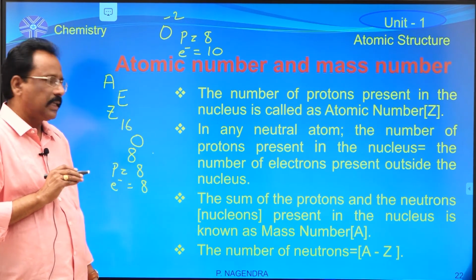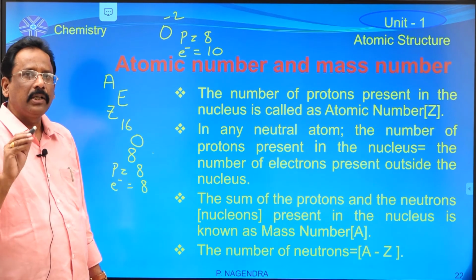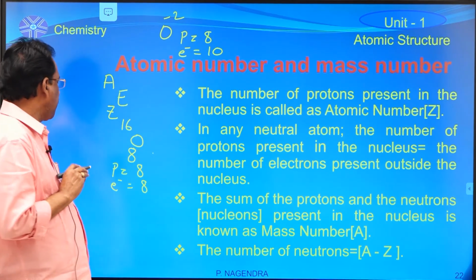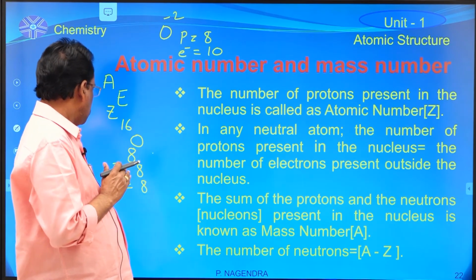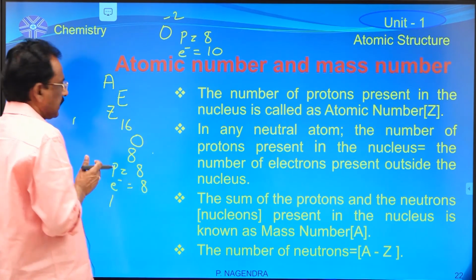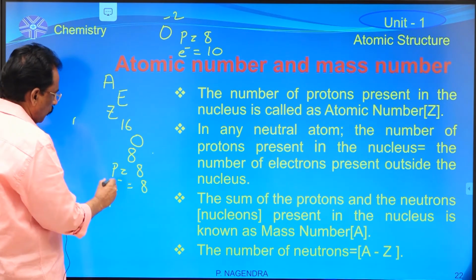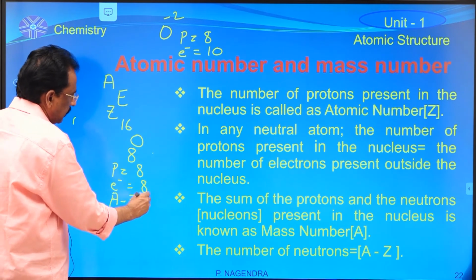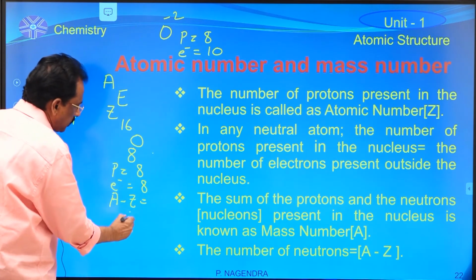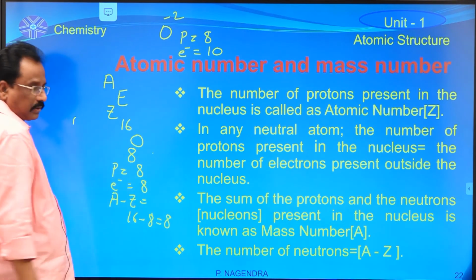The stable particles present in the nucleus are known as nucleons. That's why the number of neutrons present in 8O16 is equal to A minus Z, that is 16 minus 8, which is equal to 8.